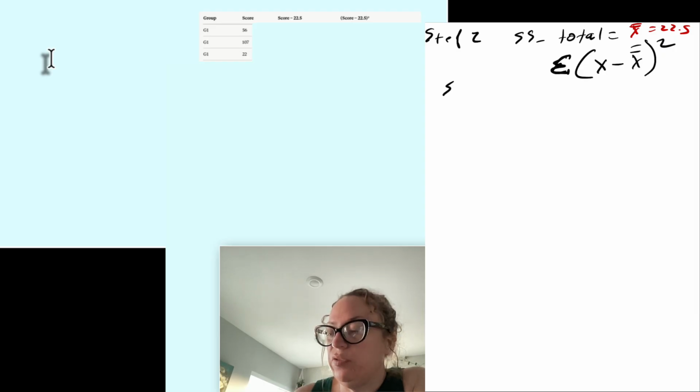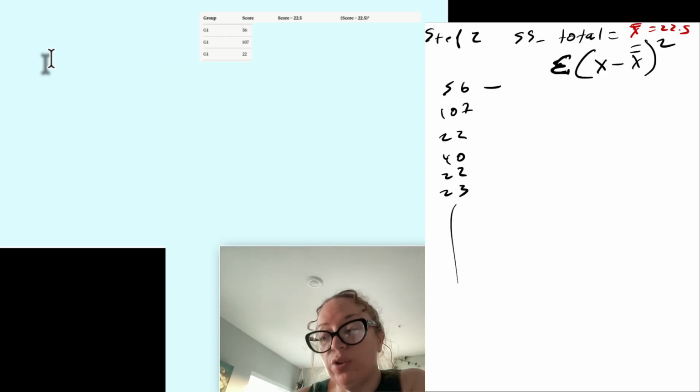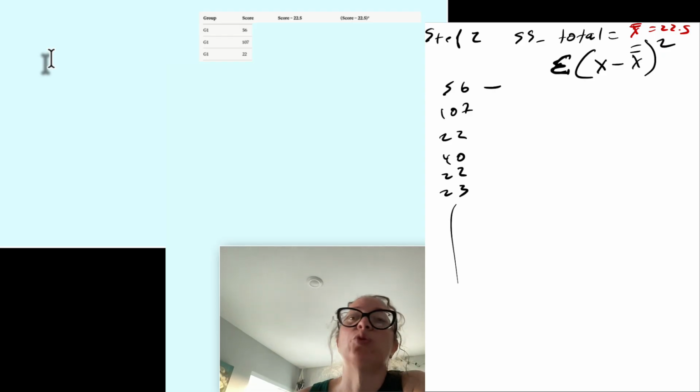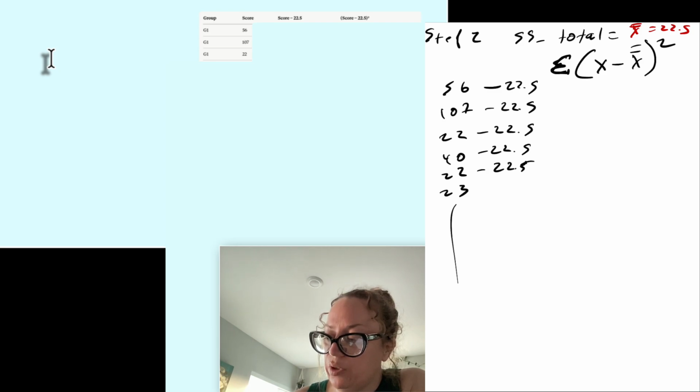I'm not going to do all of them, but 56, 107, 22, 40, 22, 23, etc. And then we're going to minus the grand mean instead of just the group mean, because now we're looking at groups instead of a group. So that would be 22.5 for each one. 22 minus 22.5, 40 minus 22.5, 22 minus 22.5, 23 minus 22.5, etc.